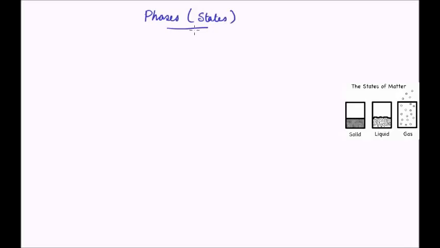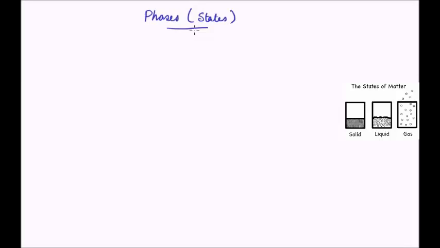In what forms does a material exist normally? For example, take water. Water can exist either as ice, or in the liquid form as water, or in the gaseous form as vapors. So these three different forms in which water can exist are called the three states of water.